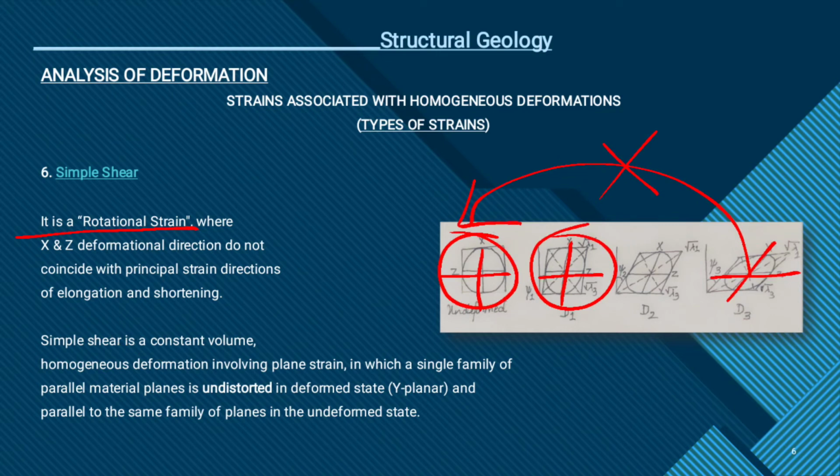Now, simple shear is a constant volume homogeneous deformation involving plane strain in which a single family of parallel planes is undistorted in the deformed state, and parallel to the same family of planes in the undeformed state.